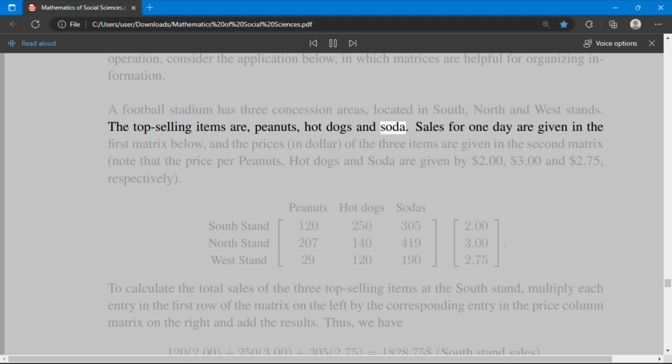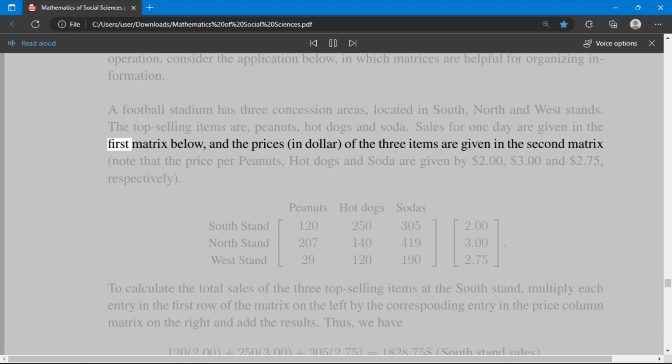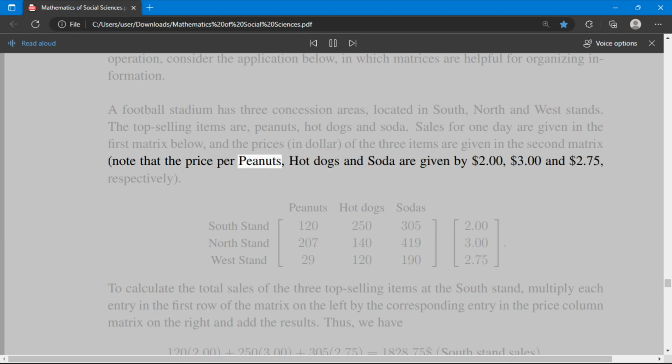The top-selling items are peanuts, hot dogs and soda. Sales for one day are given in the first matrix below, and the prices, in dollars, of the 3 items are given in the second matrix. Note that the prices per peanuts, hot dogs, and soda are $2, $3 and $2.75, respectively.